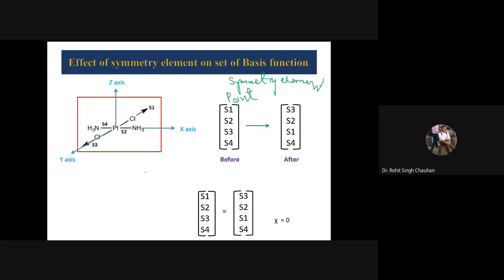Now see, here I have again reverted. What I have done is: this is the x-axis, this is the z-axis, and this is the y-axis. Earlier I showed that this is y and this is x.